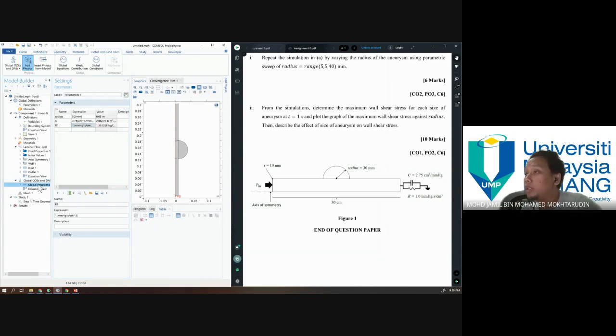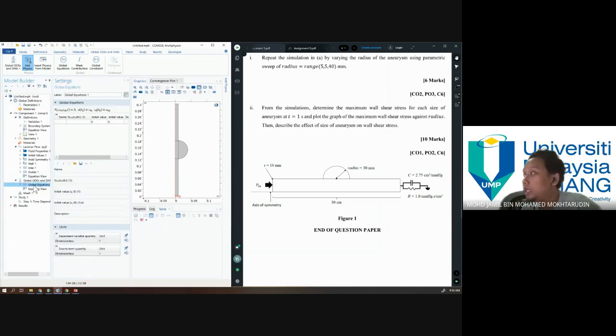Okay, so go back here to global DAE. So follow from the slide. So name P out. And then C times P out double T. Make sure you have double T there.